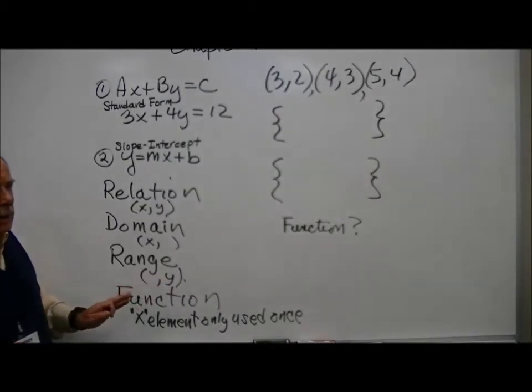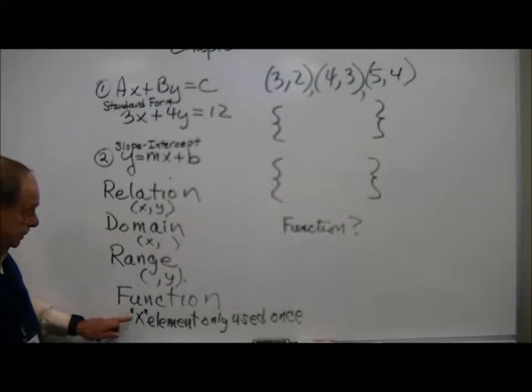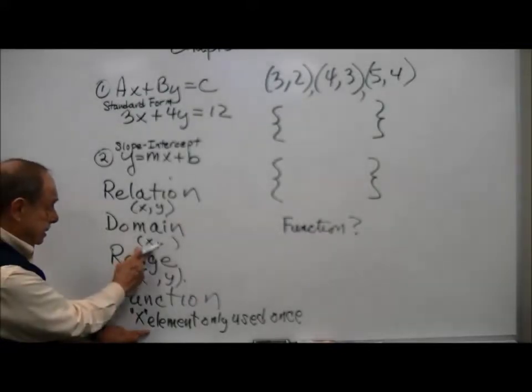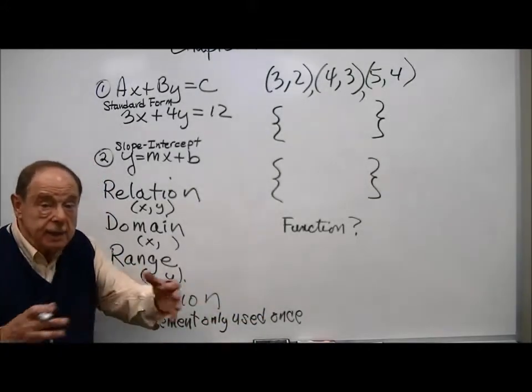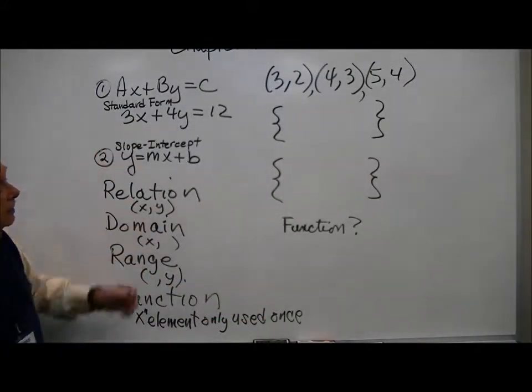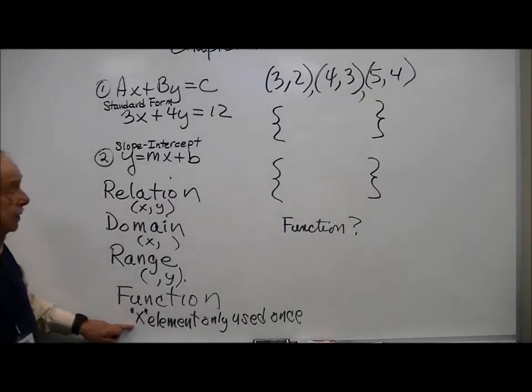And again, it's a little more complicated, but simplified: what is a function? A function is something in which the X element is only used once in the series of whatever you're dealing with. The X element is only used once.